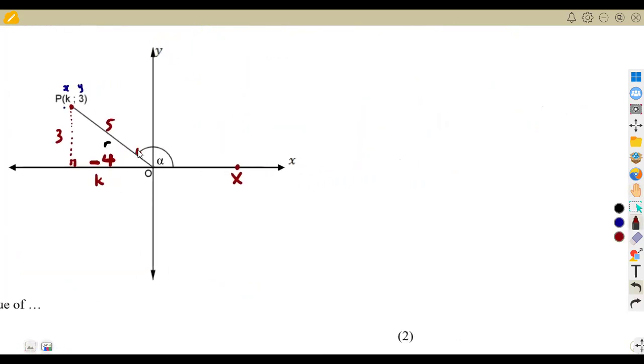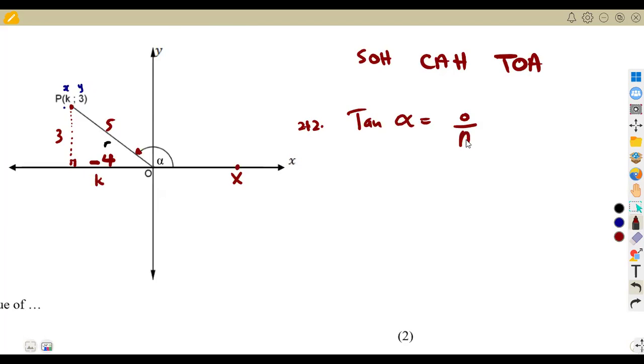This is the angle of alpha. So as we understand from our SOHCAHTOA concept, the tan of the angle, which is in this case referred to as the tan of alpha, is taken as the opposite over what? Over the adjacent.